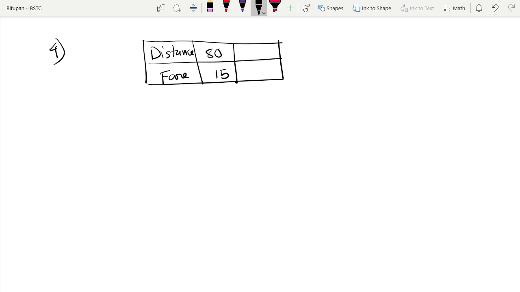In the second case the distance is 342 kilometers and the fare is unknown. Direct proportion है तो we'll write this is direct proportion. Now let's remember, ये बात लिखना जरूरी है कि डायरेक्ट है कि इनवर्स है.